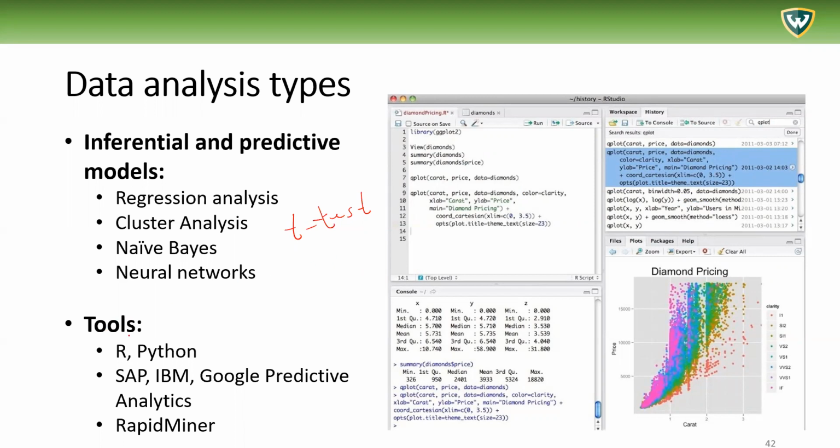Some of the tools are the R programming language, the Python language and its associated libraries, SAP, IBM, Google Predictive Analytics, RapidMiner. There are lots and lots of tools out there for exploring inferential and predictive models, such as these ones here, and carrying out these kinds of inferential statistics and other analytical processes.